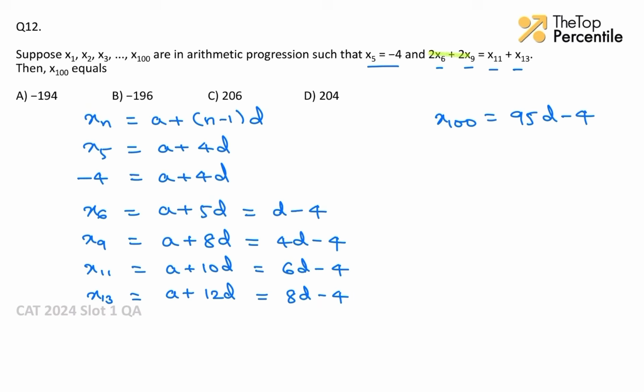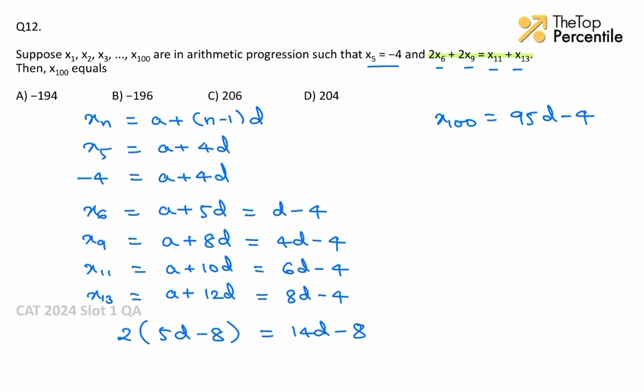Now let's work on this second equation. 2 into x6 plus 2 into x9. Okay, so I have x6 plus x9, so this will be 2 into 5d minus 8. This will be equal to x11 plus x13. x11 plus x13 will be 14d minus 8.